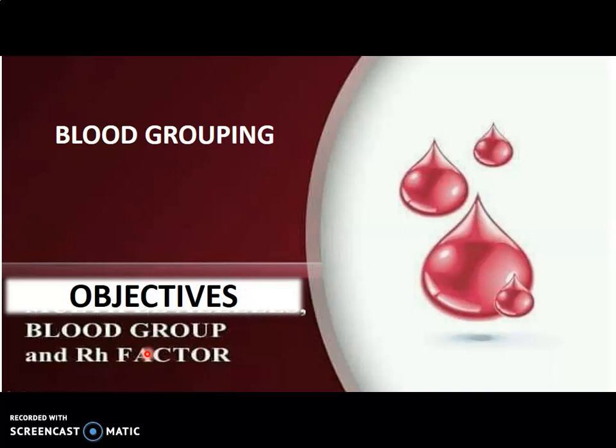So there is need for us to understand tentatively to identify different blood groups and also different antigens that are found in this blood group, their compatibility, and the rhesus factor. We'll be looking at this as a whole this week.